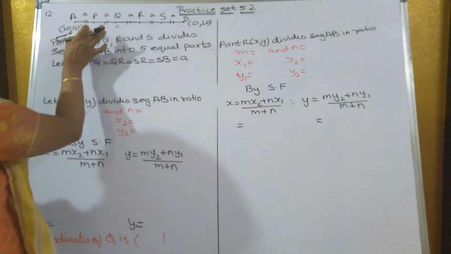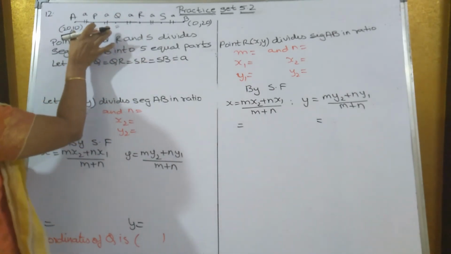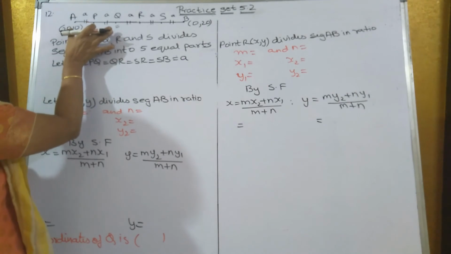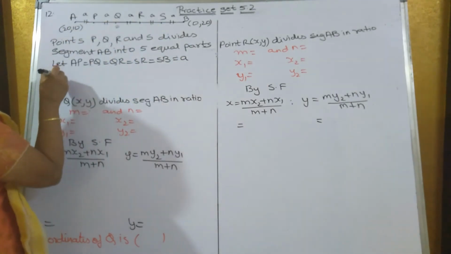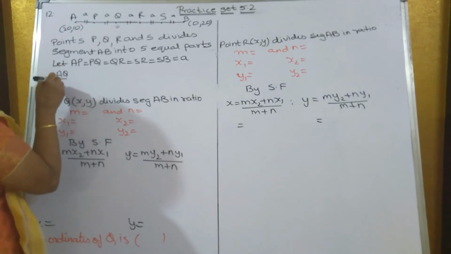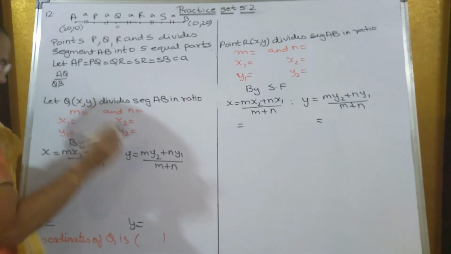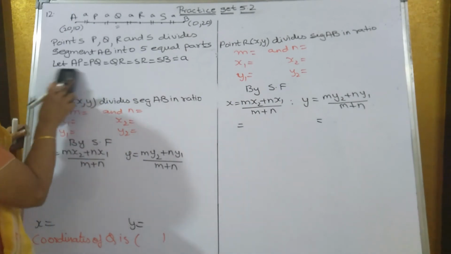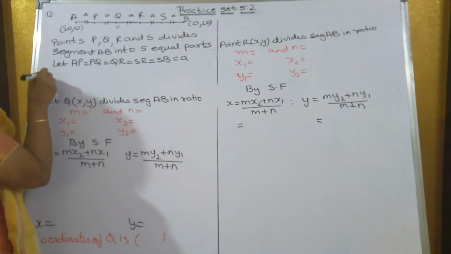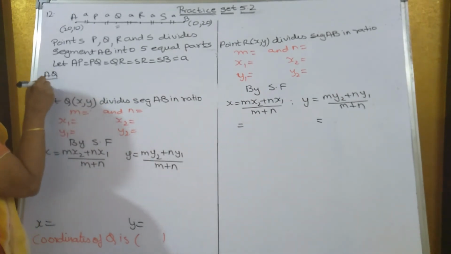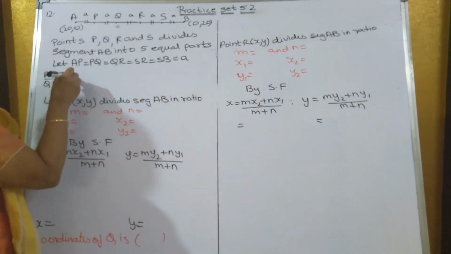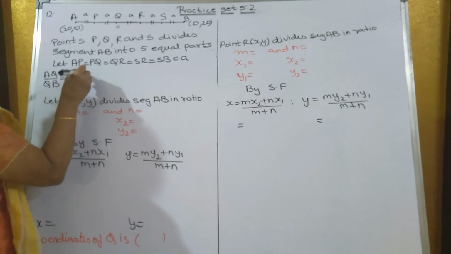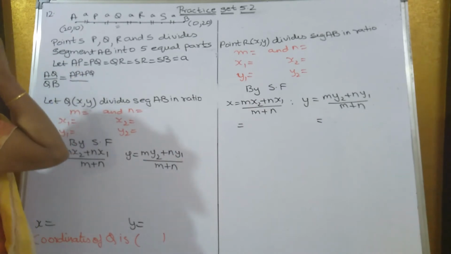Now coordinates of Q, in order to find that, first we have to find the ratio. So for Q, we will take AQ upon QB. Now what is AQ made up of? AP plus PQ, upon what is QB made up of?